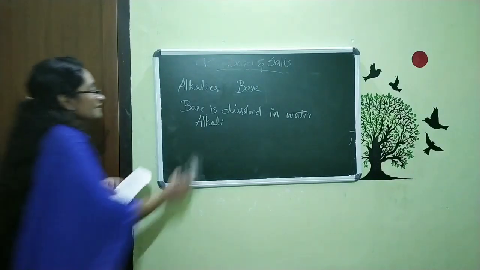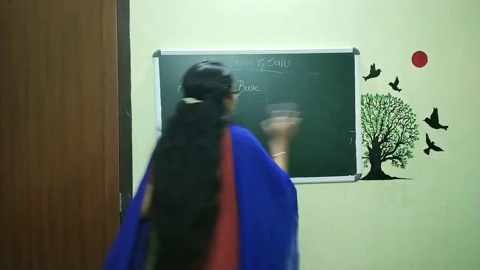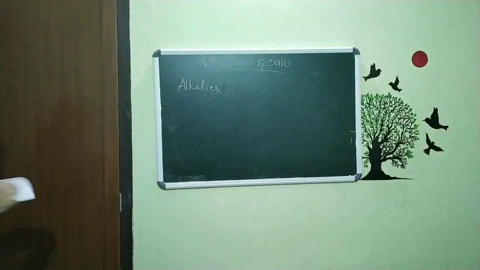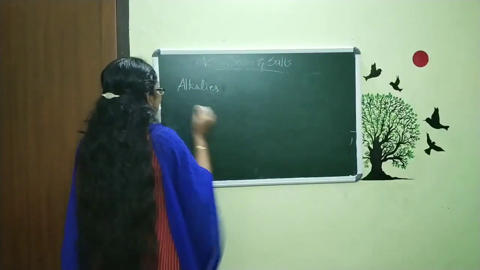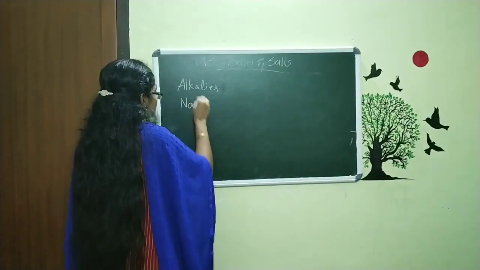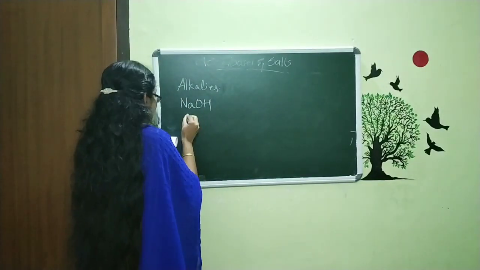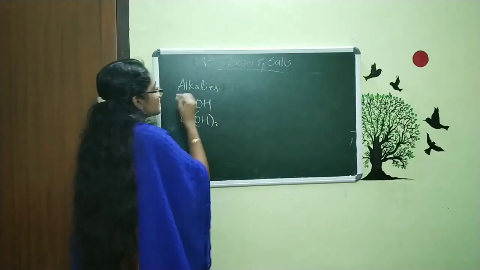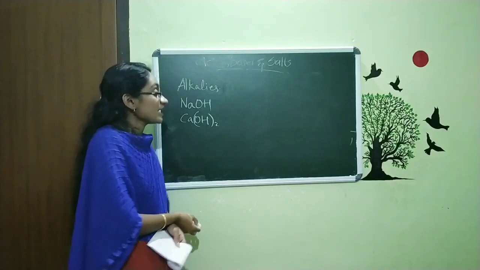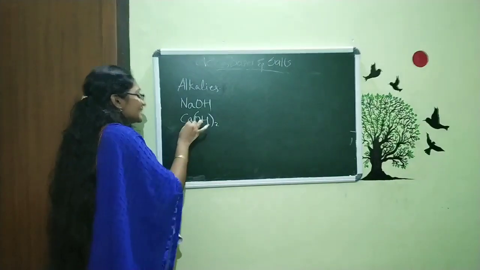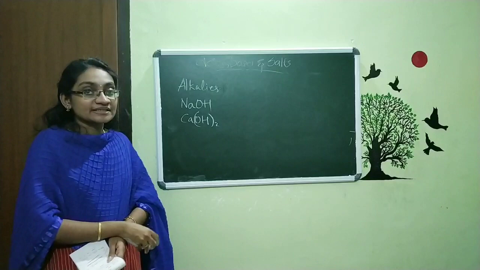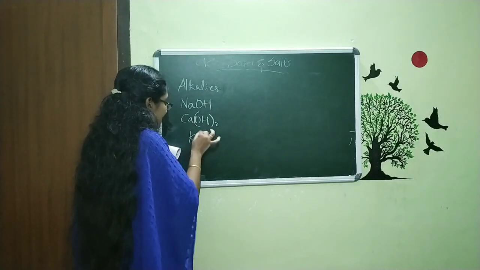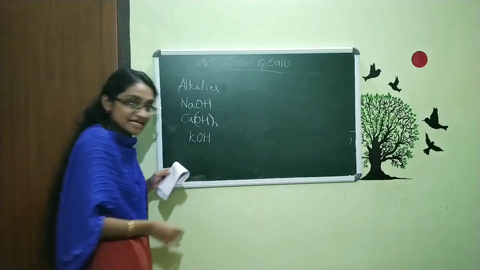So you want to remember the examples of alkali and also the example which is not alkali. The examples are these: NaOH, Ca(OH)2. NaOH means sodium hydroxide, and Ca(OH)2 is calcium hydroxide. The next one is potassium hydroxide, KOH.